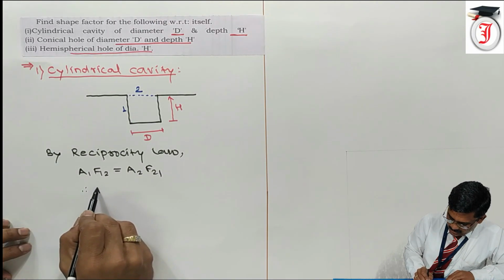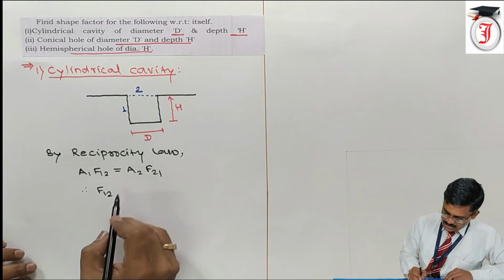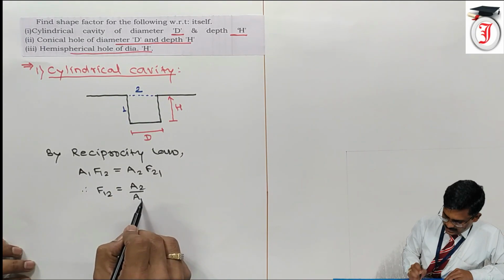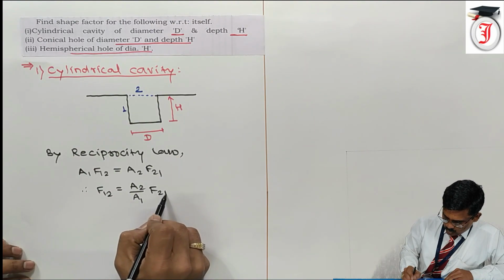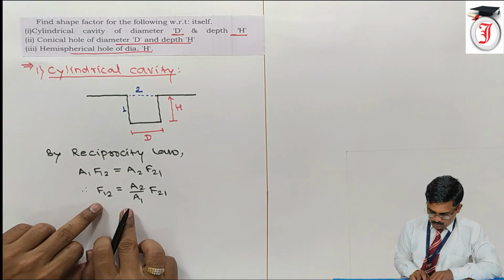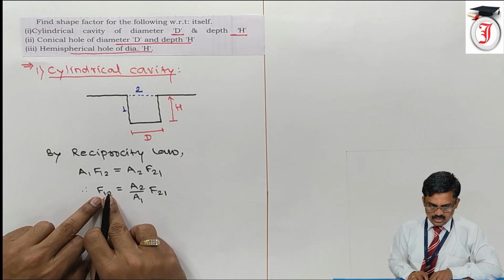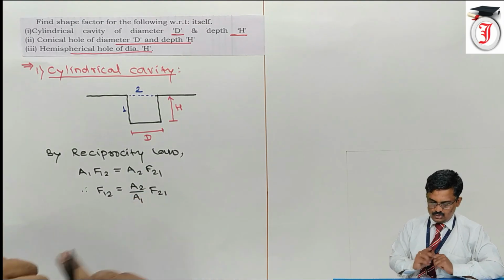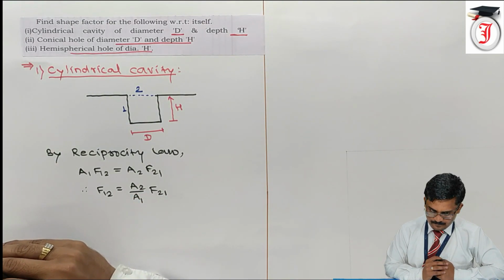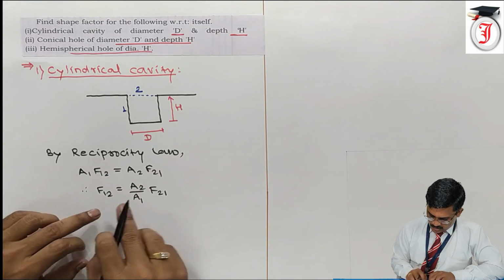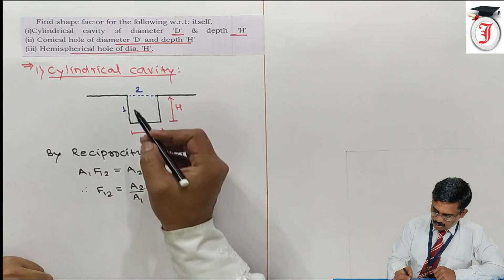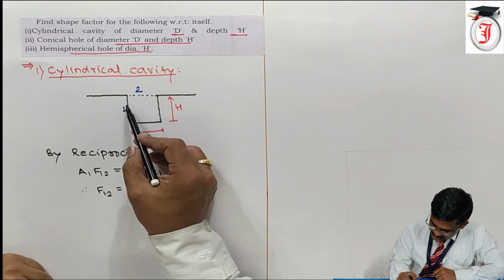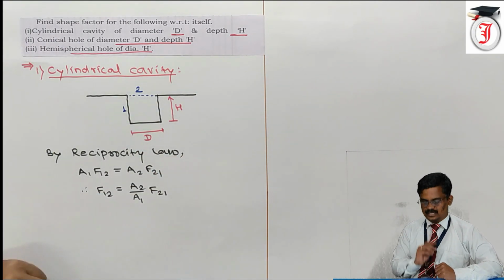From this equation we can write F12 is equal to A2 upon A1 F21. Here by observation we know, whatever radiation emitted by this surface 2 is absorbed by this surface 1, that is cylindrical cavity.